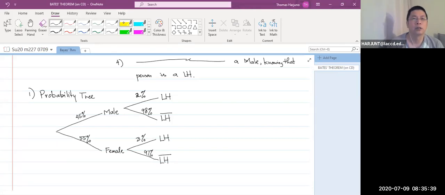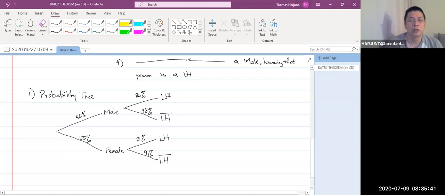Okay. Now, remember again, the event is written at the end of the branch, while the probability is written on that branch. It is actually okay for you to write this 55%, for example, or other probability below that branch. It's acceptable.